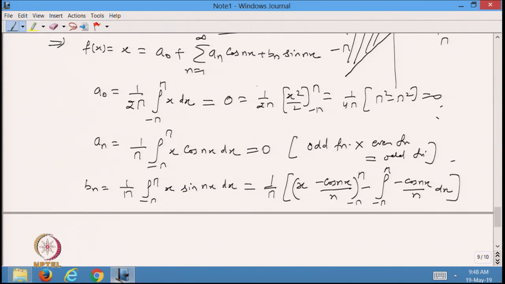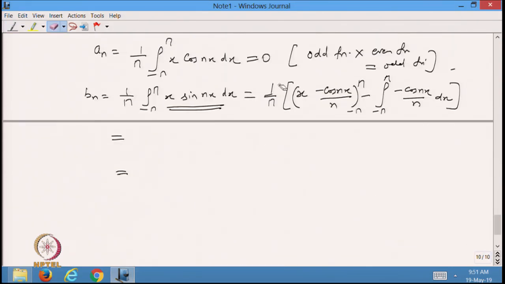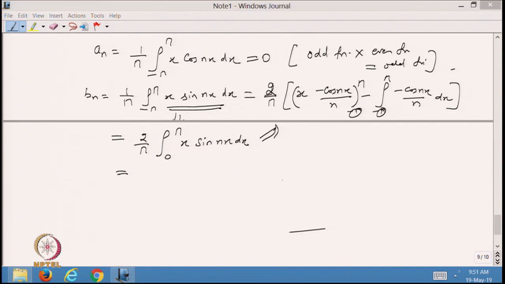So, from here I will get 2 over pi, from 0 to pi. Now, this value will not be coming 0.